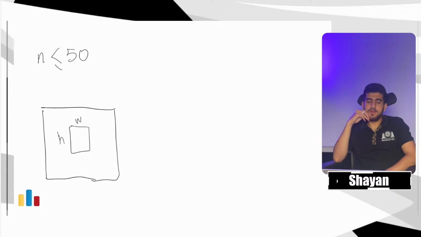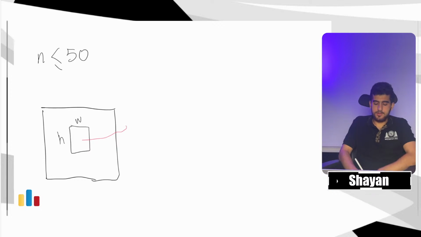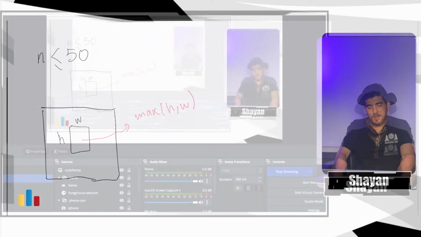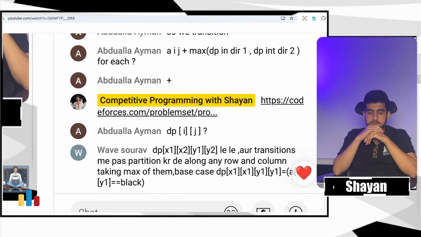Do you guys have any idea initially? The cost, as we said, is going to be the maximum of h and w. dp of i and j. What does dp of i and j mean? dp of x1, x2, y1, y2.